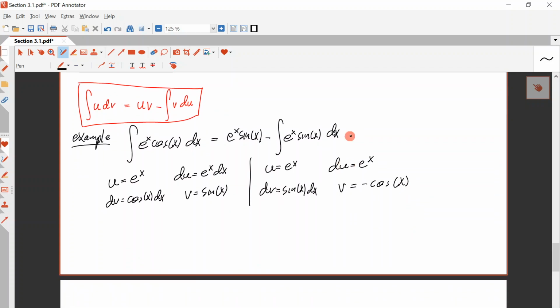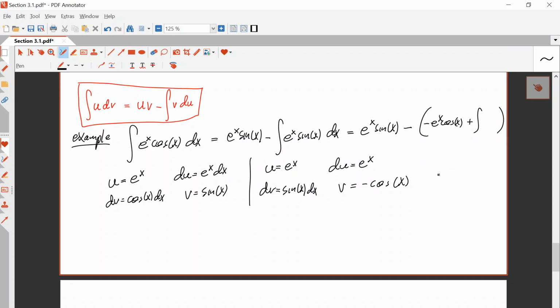So, applying this again, we get e to the x sine x minus, now put a big parentheses there for our second application, minus cosine x e to the x, plus, also minus the antiderivative of v du, but I've got this minus here, so try to keep track of those minus signs.